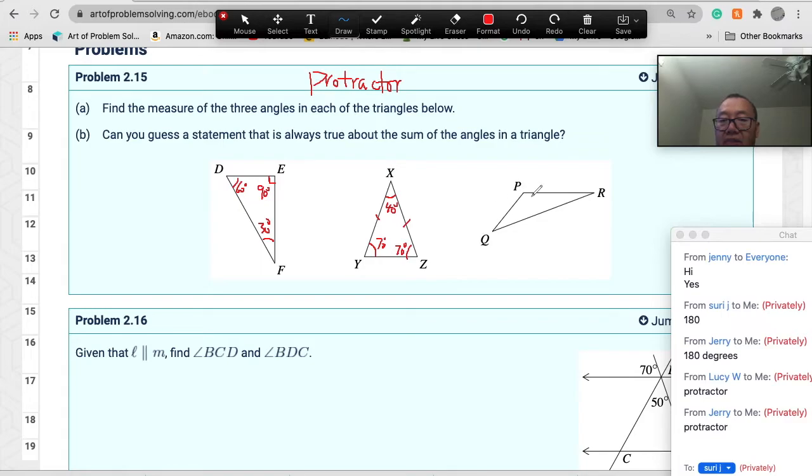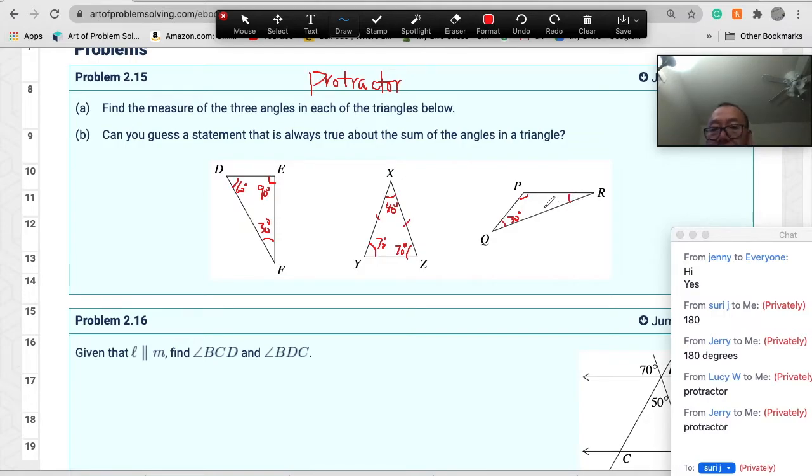Now let's measure this angle. We can measure this one first. It looks like 30 or 35. This one looks about 30.